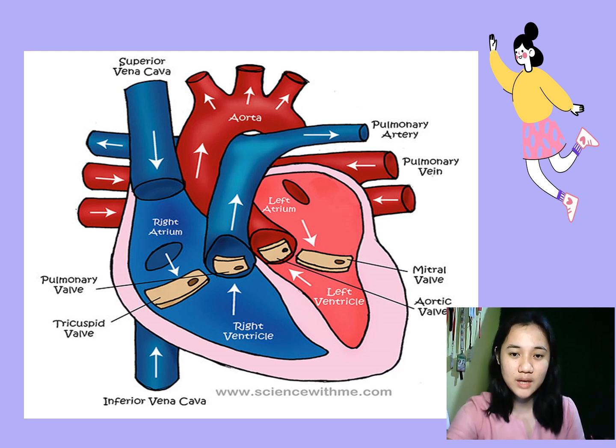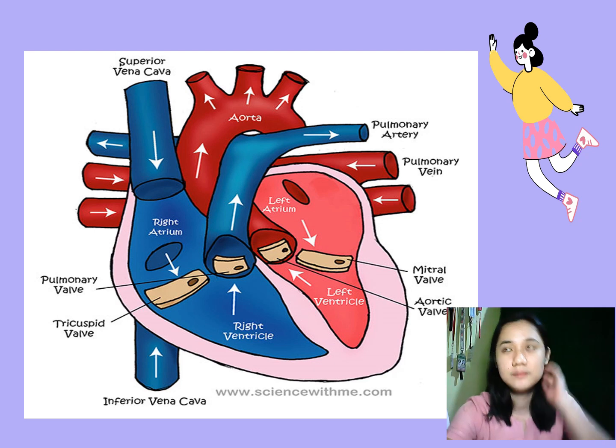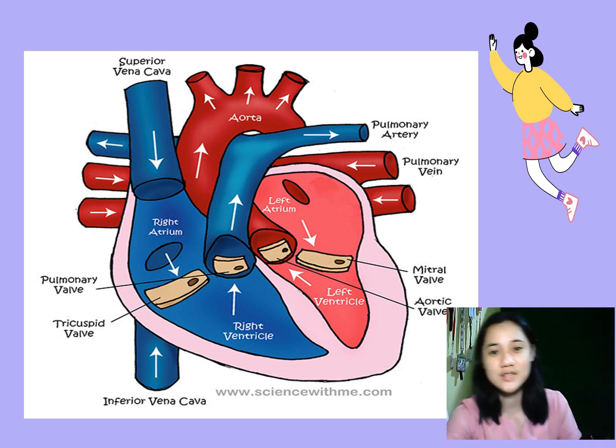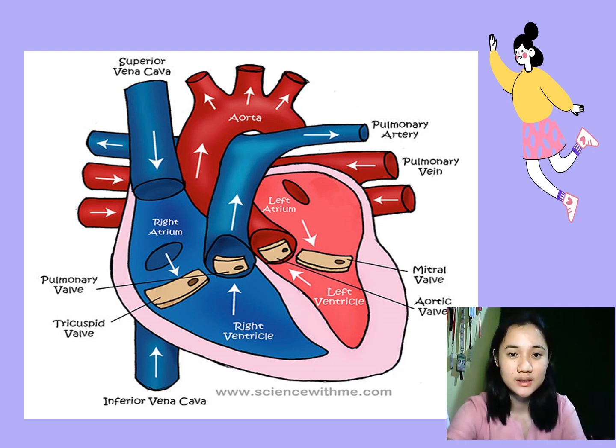And then, in between left atrium and left ventricle, merong mitral valve. And then, goes to the left ventricle. Then, we have the aorta. Okay, so aorta is the largest artery. Siya yung pinakamalaking artery. And, ayan, yun yung mga different parts of the heart.